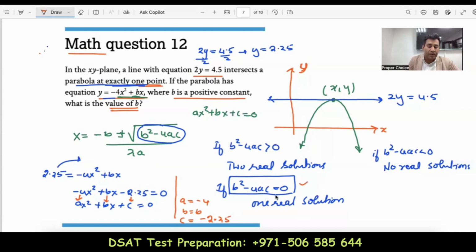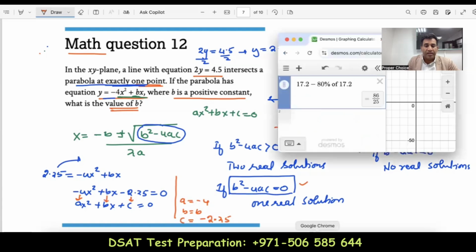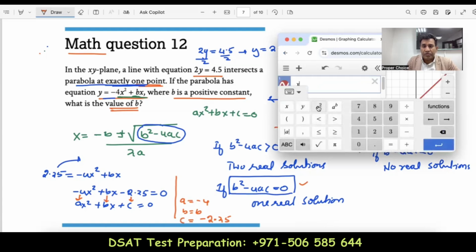Now you can use a graphing calculator. In that case, you replace b by x, because we are asked to solve, and you can't type it as b, you have to type it as x. So type x square minus 4 times the value of a, which is negative 4, close the bracket, times the value of c, which is negative 2.25, close it.